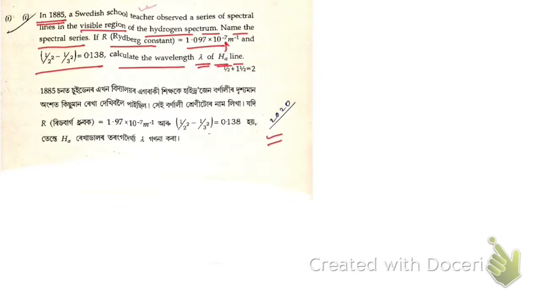So now you see these spectral lines in the visible region of hydrogen spectrum were observed by Jacob Balmer in 1885. He was a Swedish school teacher, so he observed, and in his name this series of spectral lines is named.